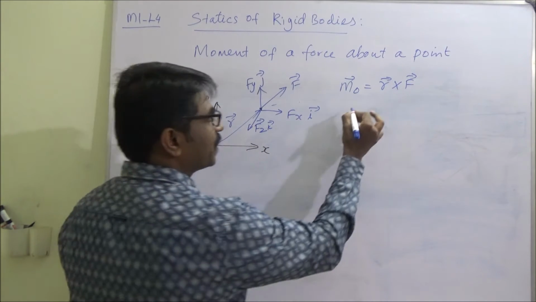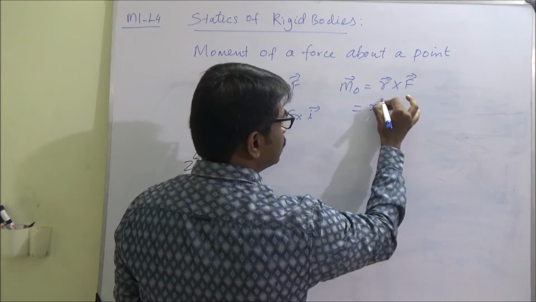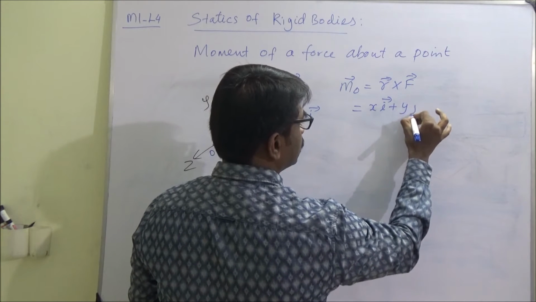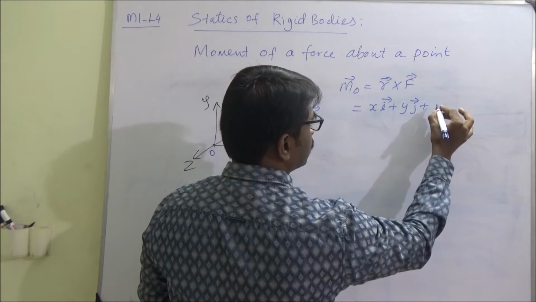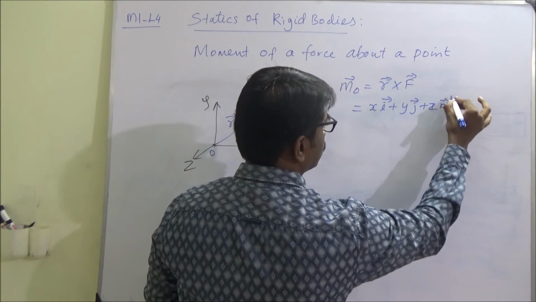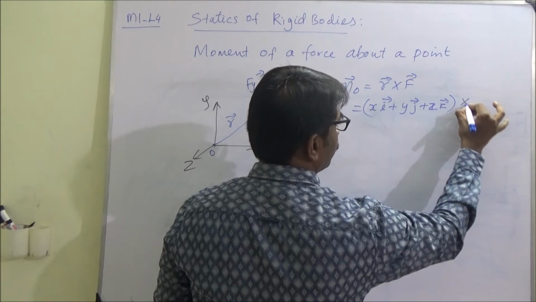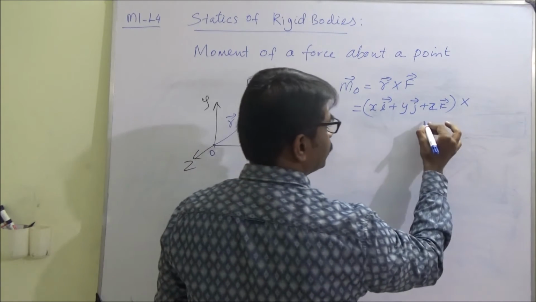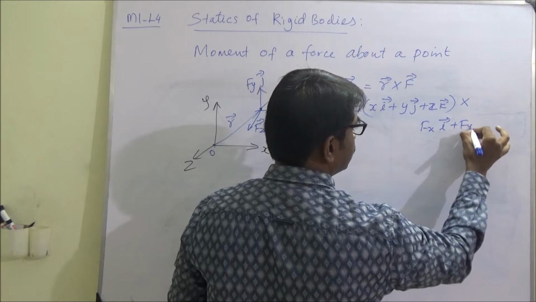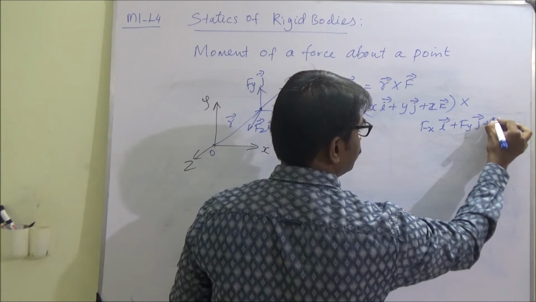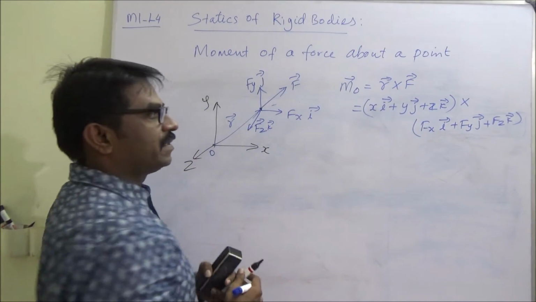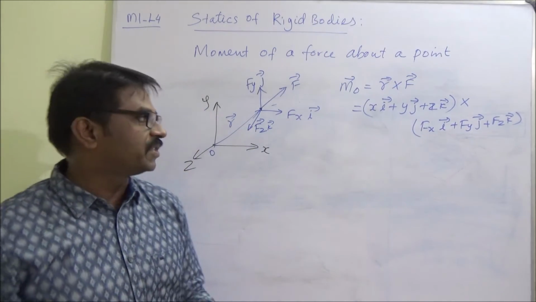Okay, now we can write R cross Fx i vector plus Fy j vector plus Fz k vector. So now I have elaborated with the rectangular components.